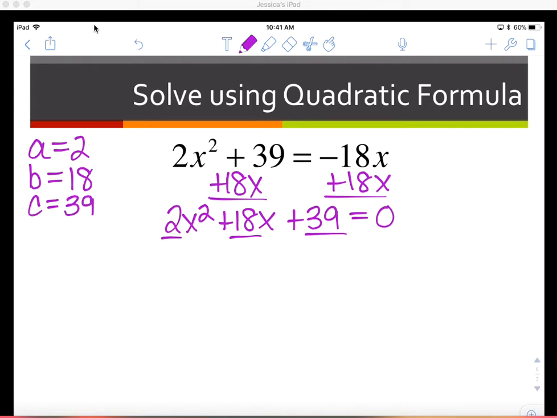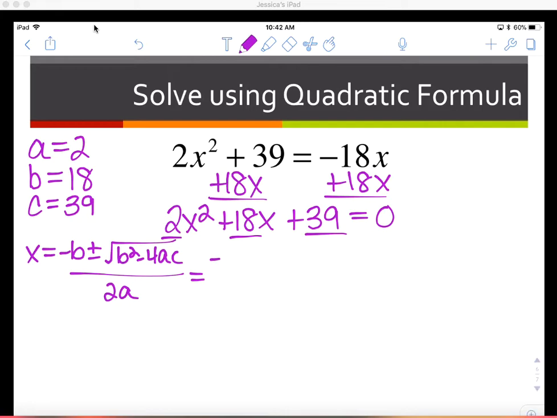If you have your problem in the wrong order and you don't have the right A, B, and C, then your whole thing will be wrong. From here, I'm going to write out my formula, and I'm going to plug in A, B, and C. If you want to try this on your own, pause the video and then restart once you're ready to check.